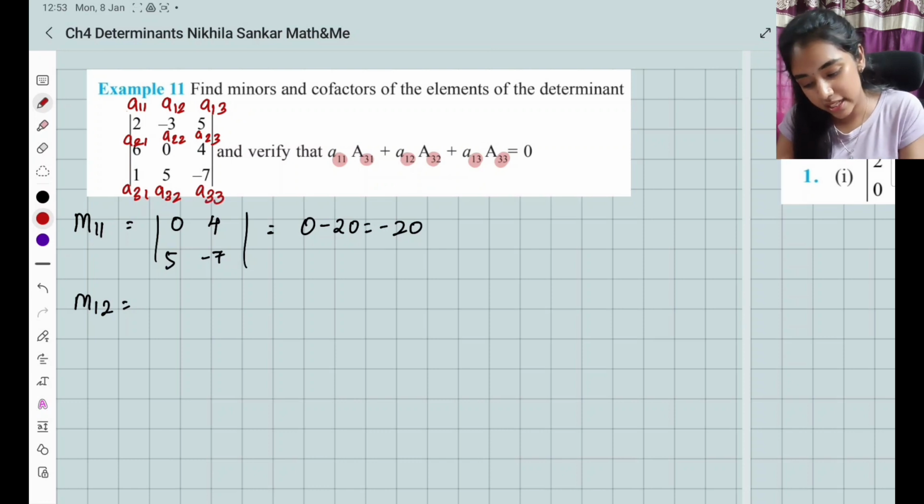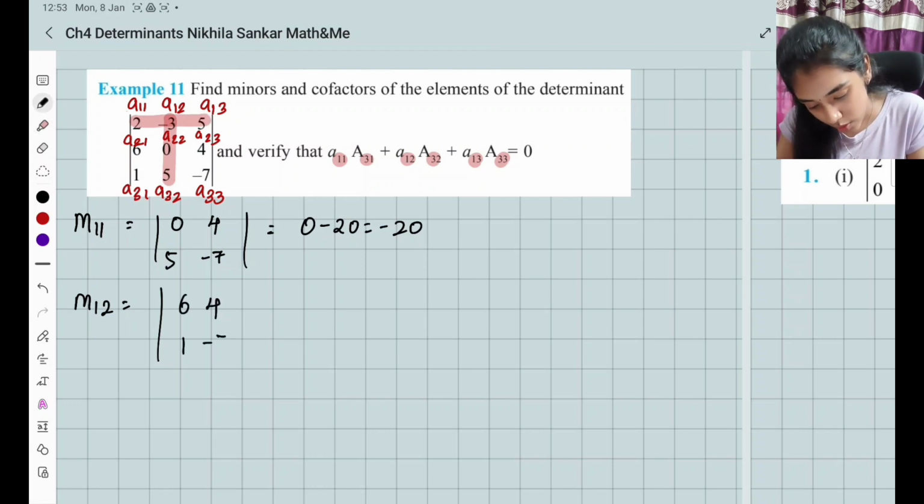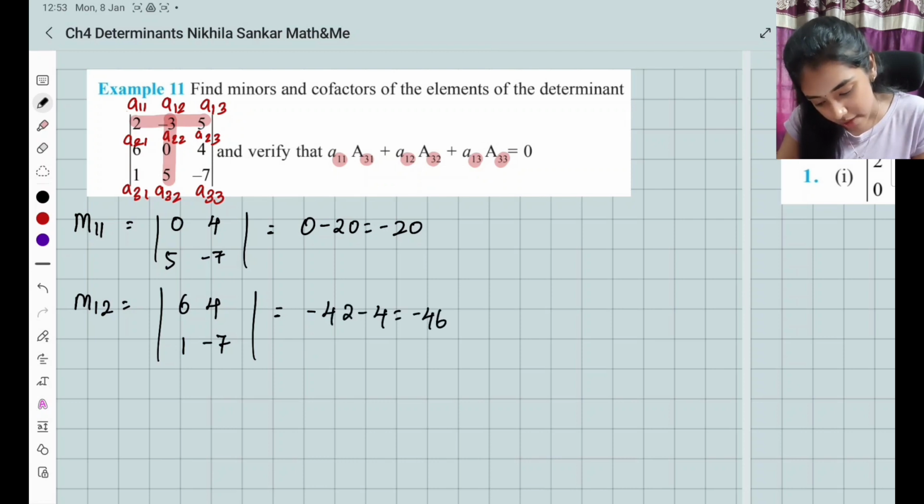This is the basic; if you don't know this, it is very difficult. M12 means hide the first row and the second column. I'll be left with 6, 4, 1, minus 7. So, 6 7s are 42, minus 42, minus 4, so this is going to be minus 46.